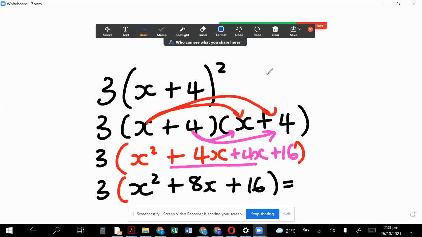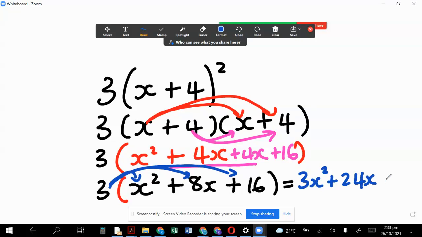So the final step now is to multiply the 3 into the bracket, and I end up with 3x squared plus 24x, and 3 times 16 is 48. 3 times 1 is 3, 3 times 8 is 24, 3 times 16 is 48.